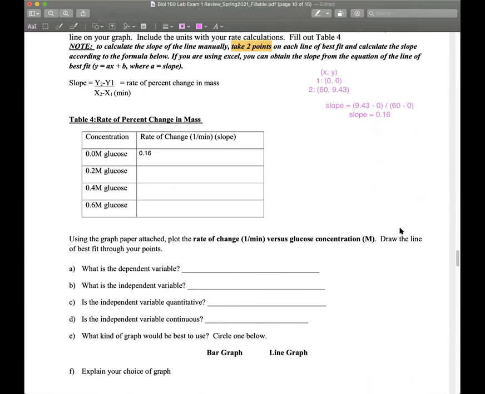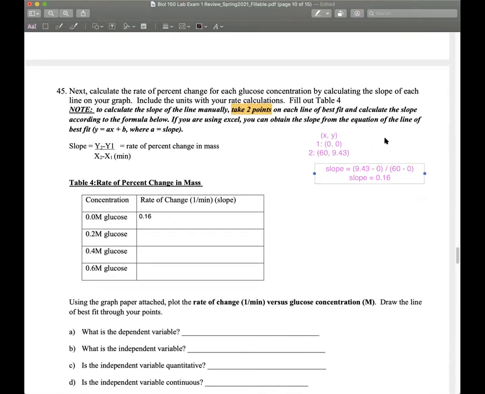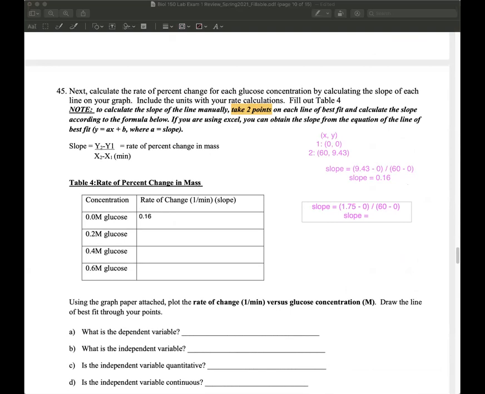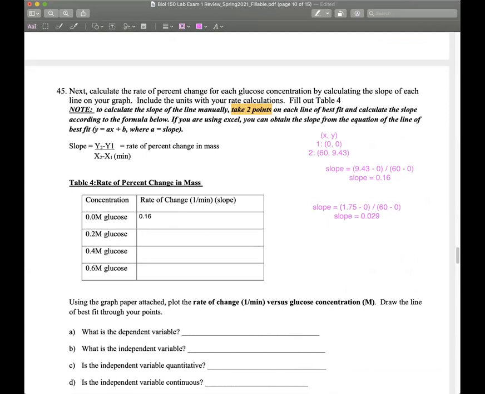All right, so now if we calculate our slope, I got 0.029. Excellent. Yeah, so did I.